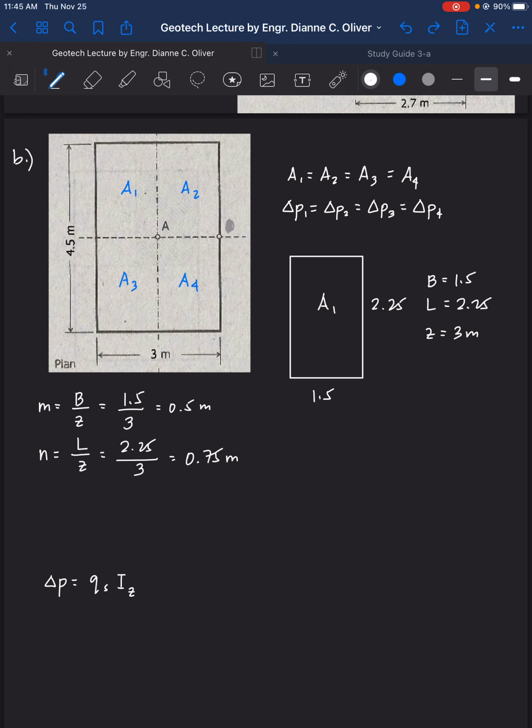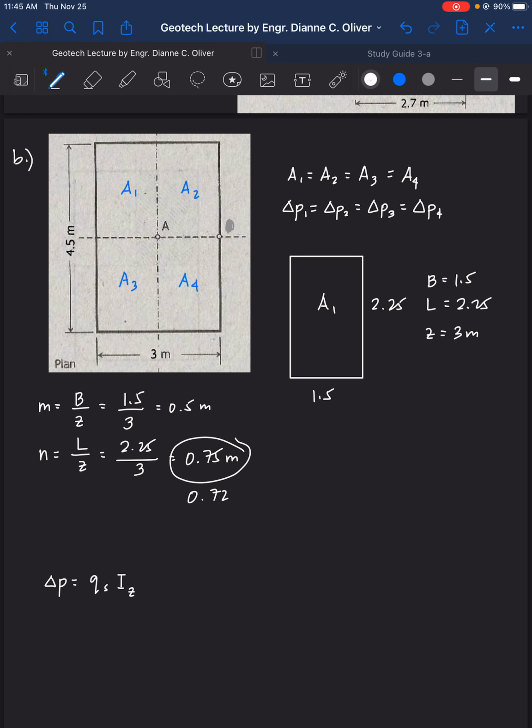So you have I sub z is equal to 0.1034 plus 0.1103 divided by 2. But maybe I should remove this because you might have the impression that you just have to divide it into 2. What if it's not exactly 0.75? What if you got a value, for example, 0.72?